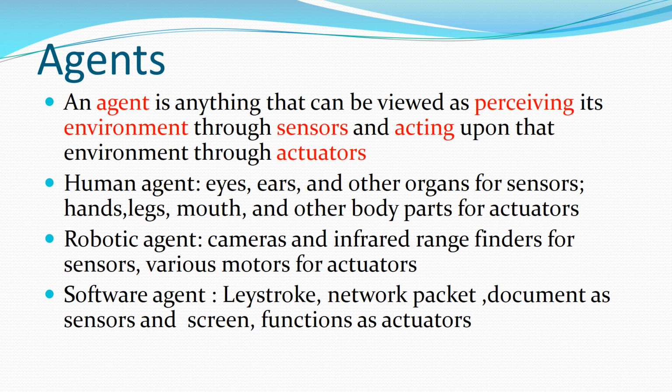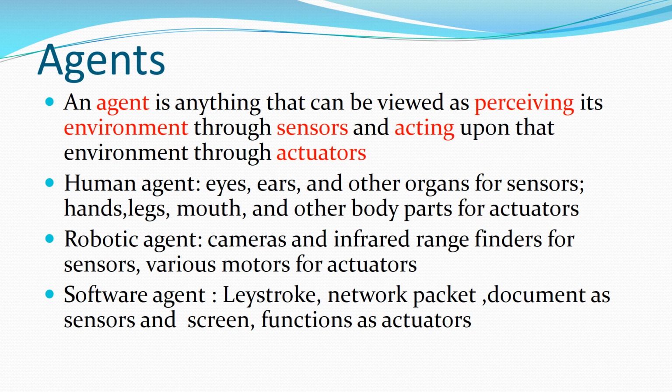Similarly, humans have hands, legs, mouth and other body parts as actuators. They act in the environment. Suppose there is a stinky smell. In that case your nose will sense it and act as a sensor, and automatically your hand will be put on your nose. So the hand is an actuator.